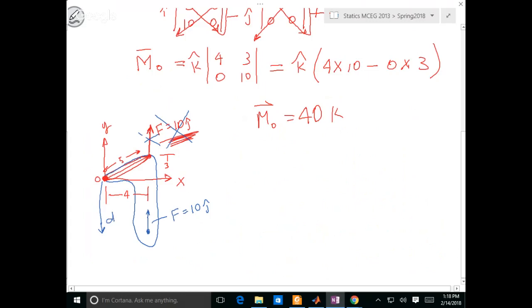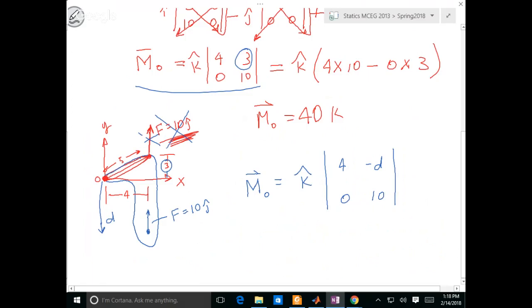So I'm going to go back to this part and look at it. K times, it's no longer at 3, it's at 4 minus D, or some distance D, 10.